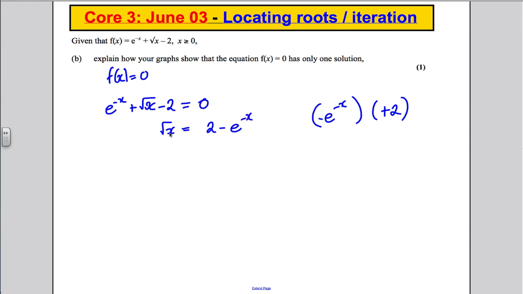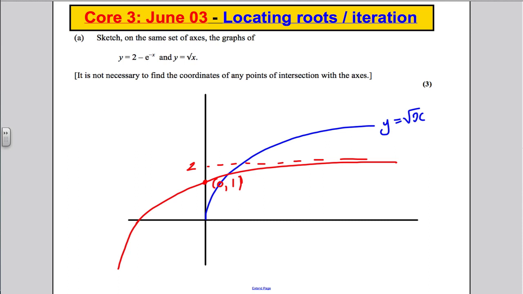Now I've just drawn the graphs of root x, and the graph of 2 subtract e to the negative x over here. So this was y equals 2 subtract e to the negative x.